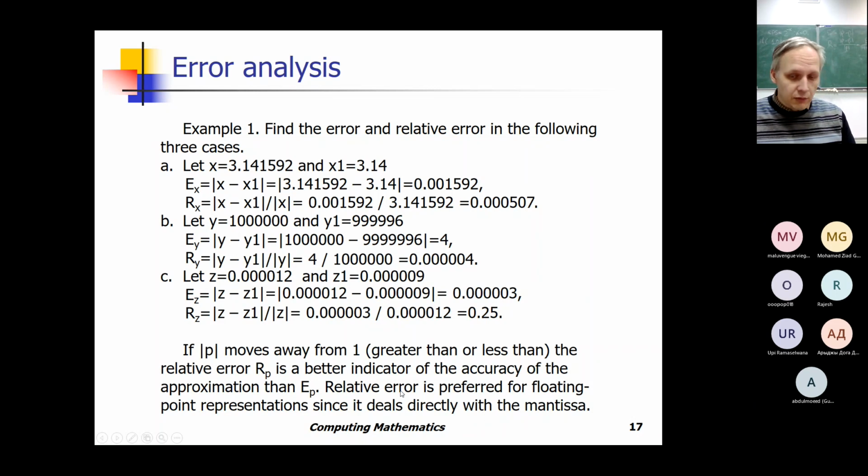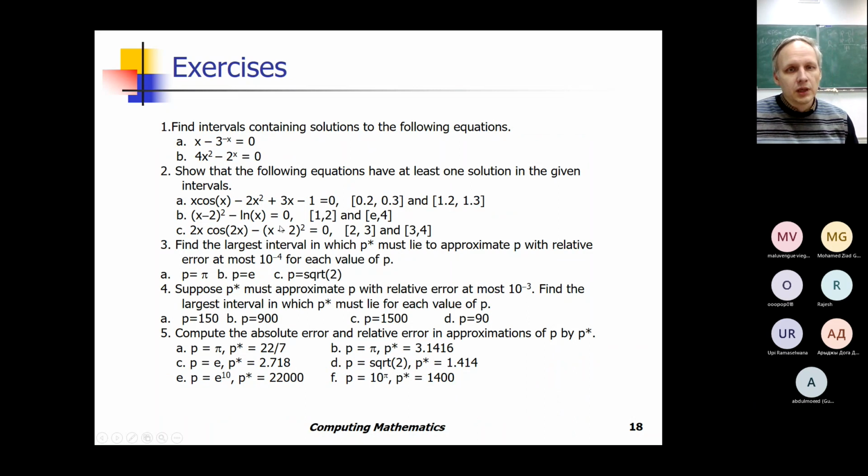Well, please remember these two types of errors: absolute error and relative error. For exercises, I will send you this presentation after the lesson. Please solve not all of the exercises, but some of them.